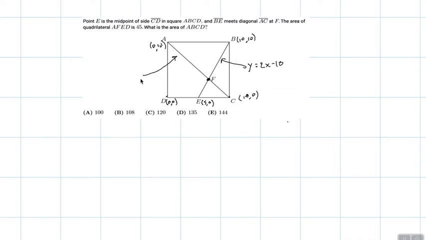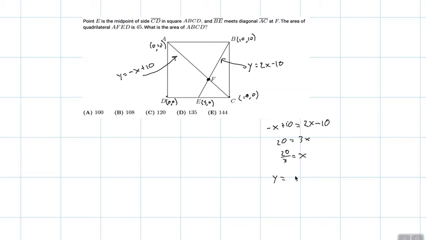And the equation for this line is going to be y equals negative x plus 10. So to find this coordinate, set the equations equal to each other. Negative x plus 10 equal to 2x minus 10. And so here we'll get 20 is equal to 3x. So 20 over 3 is equal to x, and then plug that in.